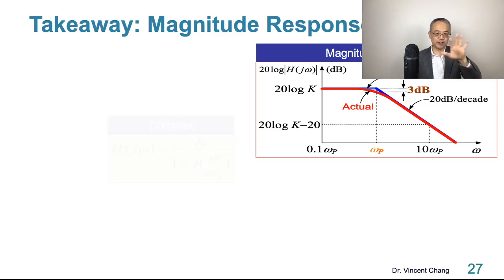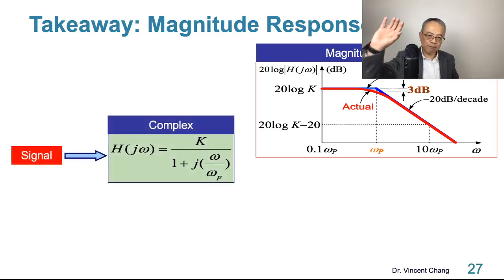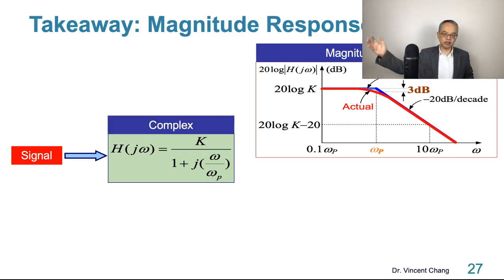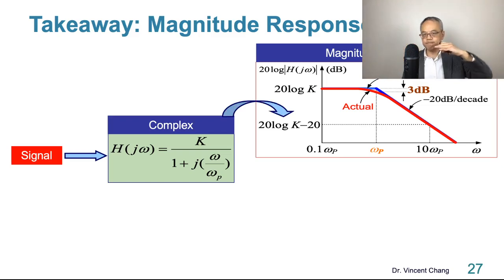So here's the outcome. For this transfer function, which is called a single time constant low pass, when a signal comes in, different signals will experience different amounts of amplification or attenuation, all right? Now this is the outcome, the magnitude frequency response. This is the takeaway.